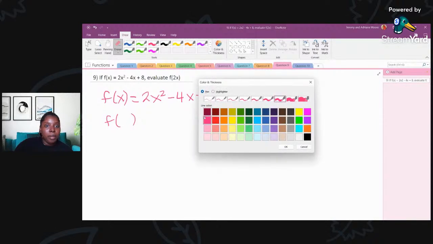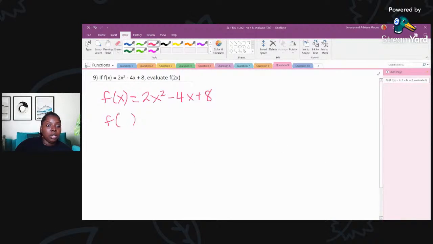Okay, so remember when it was 2, we just replaced all the x's with 2. Now we're going to replace all the x's with 2x. Okay, so instead of x, it's going to be 2x squared. And instead here, it's going to be 2x plus 8.